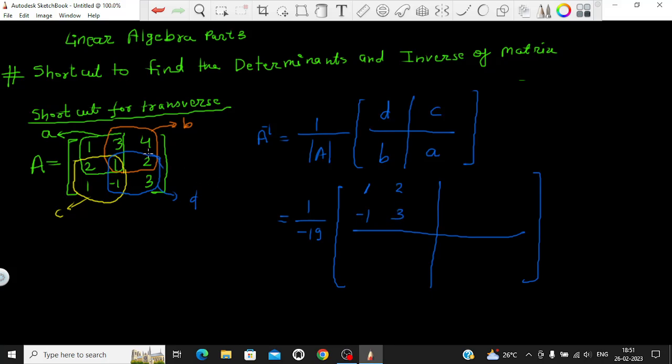All these 4 values are D. Now just write the C values. All these 4 values are C: 2 1 1 minus 1.